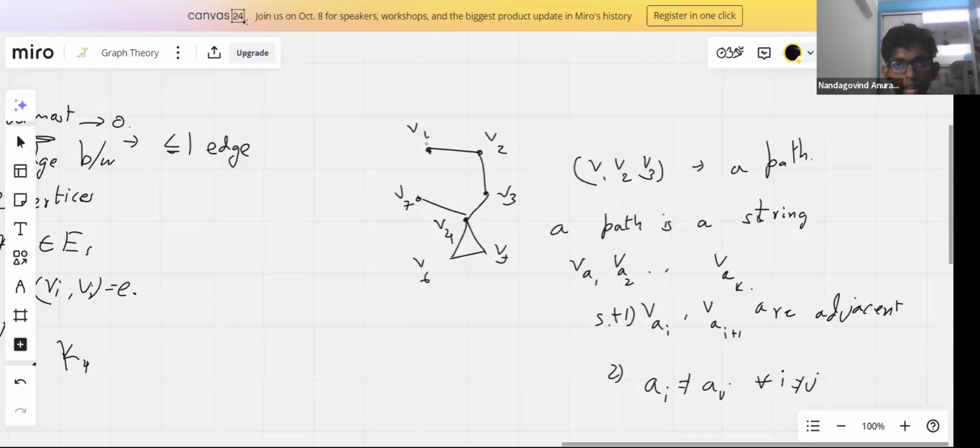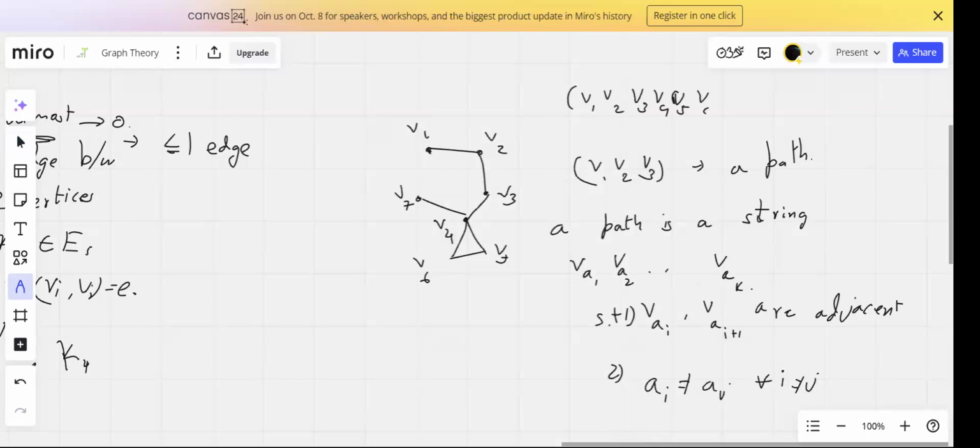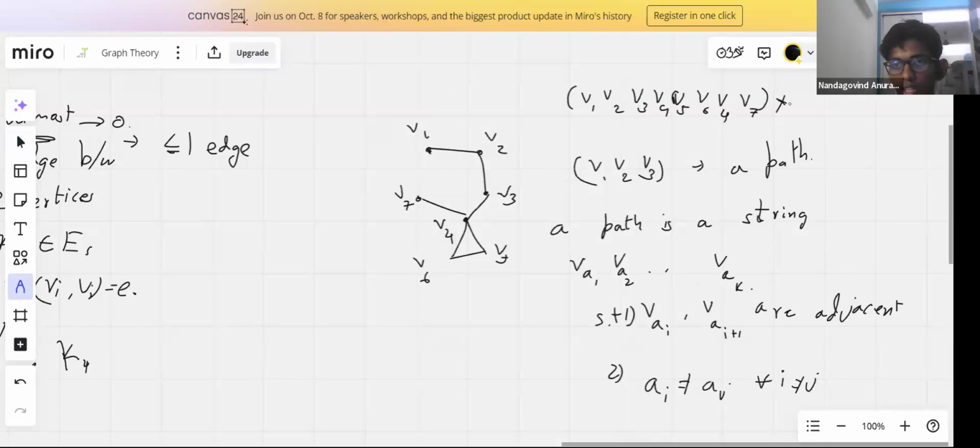So when I have the path v1, v2, v3, v4, that's fine because all of the vertices are distinct. But when I go to v5, v6, v4, and then v7, we have visited v4 twice. So this is not a path.